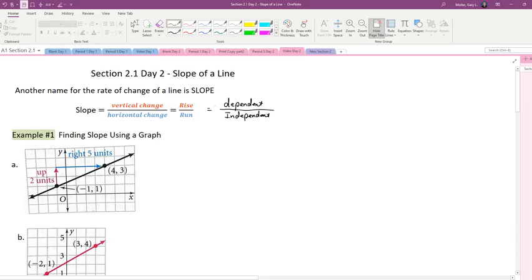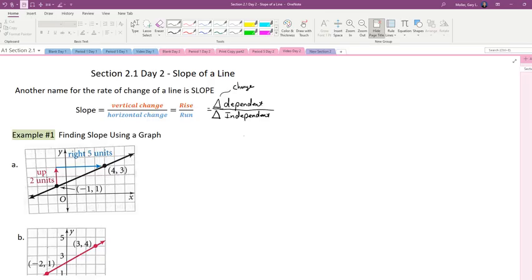In science, we often use the symbol delta to mean change. So, change in the dependent over the change in the independent. But since the dependent is also the vertical axis, we're really talking about the change in the vertical, and the independent is the horizontal. So vertical change over horizontal change.